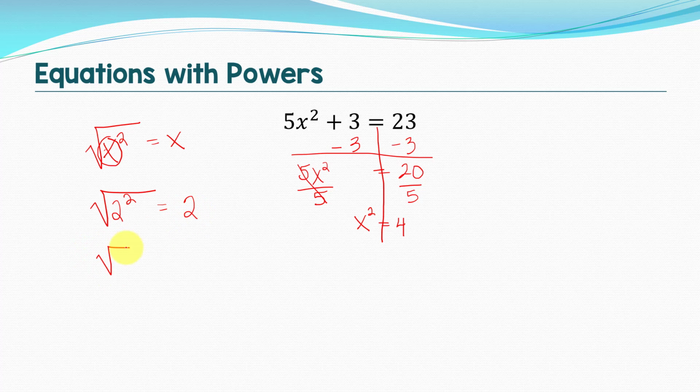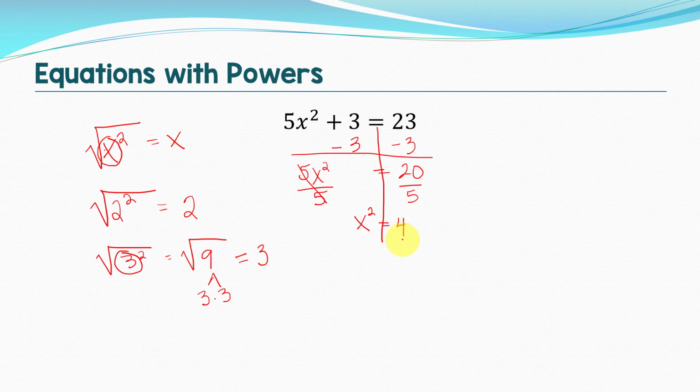Let's do another one. The square root of 3 squared. 3 times 3 is 9, which is the same thing as the square root of 9, and the square root of 9 would be 3 times 3. We'll factor this, 3 times 3. So the square root of something squared is always just the thing that was squared.